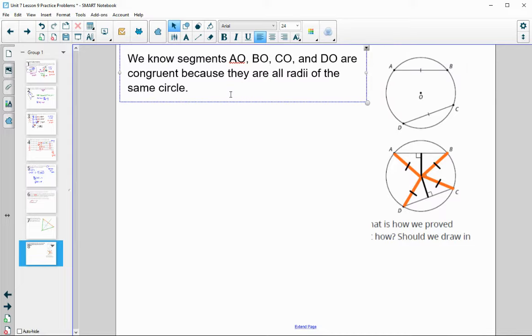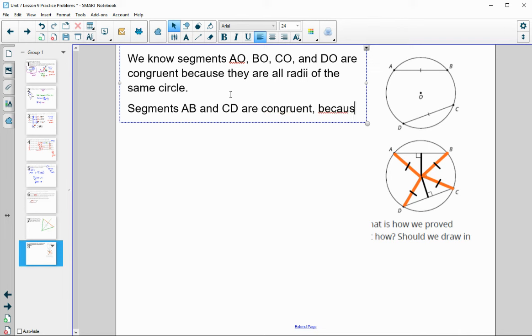So we know that all of those are equal to each other. Then we also know that AB and DC are congruent. So segments AB and CD are congruent because it was given to us.